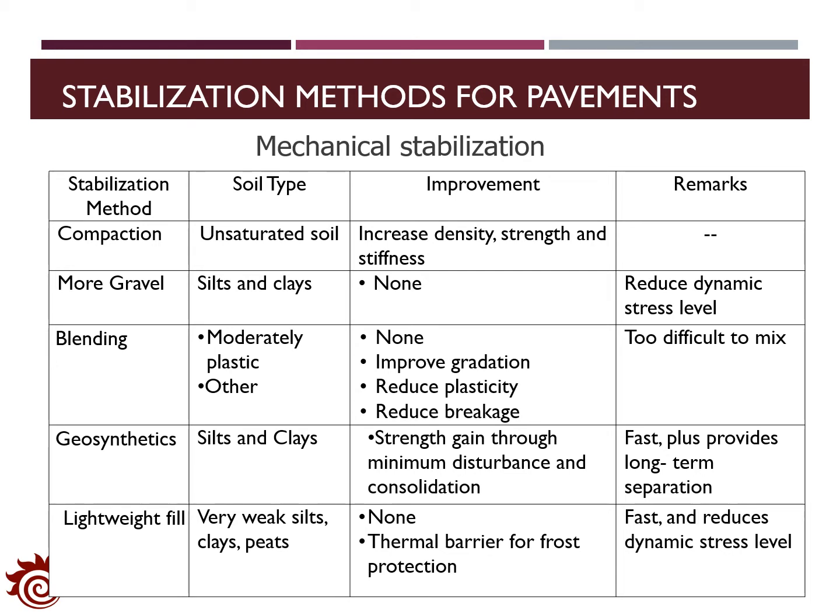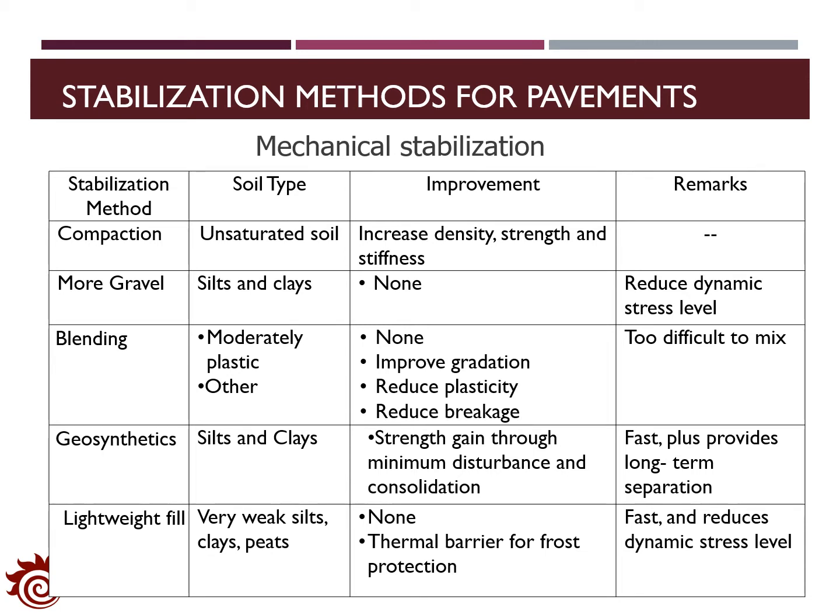The third method is blending, which is usually applied for soil with moderate plasticity. This method can improve the gradation of the soil and also reduce the plasticity and the breakage. However, sometimes in this method, it will be very difficult to mix the materials.